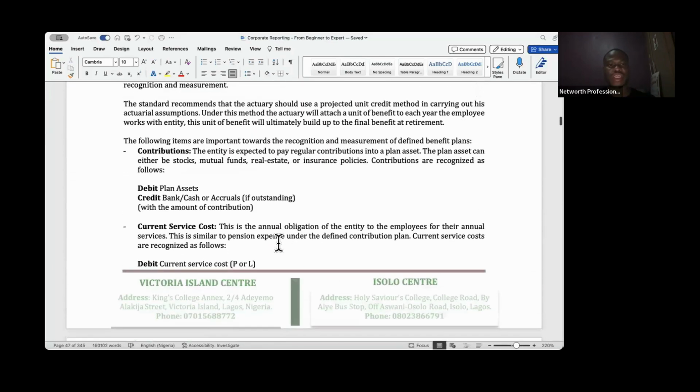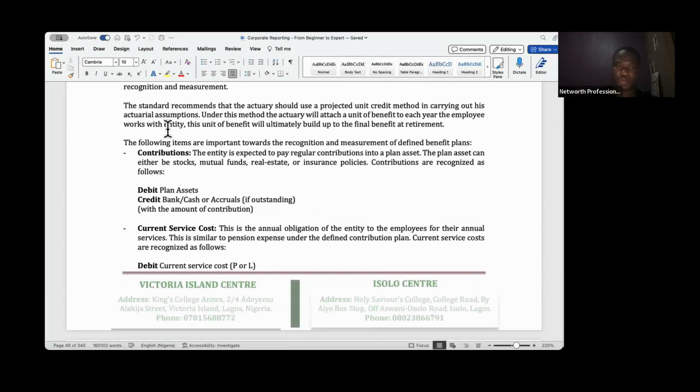And what the actuary is going to provide to you, I told you that the first thing the actuary will give you is the regular contribution that the employer is supposed to make. And you, the accountant, as soon as they give you that, all you need to do is recognize that in your books.